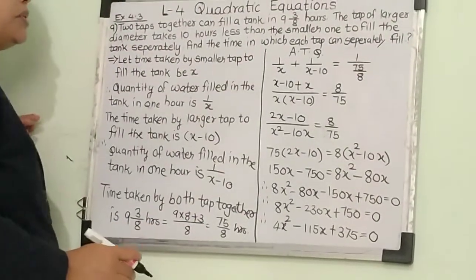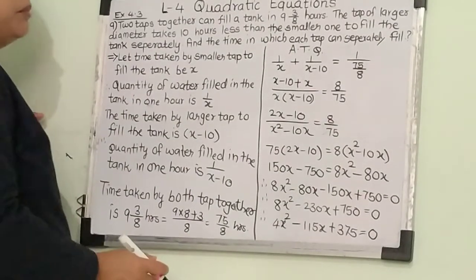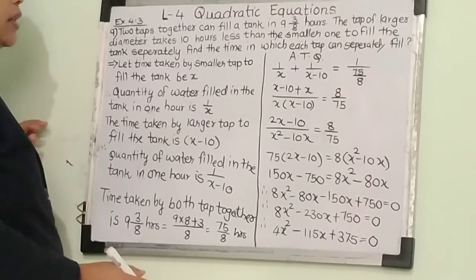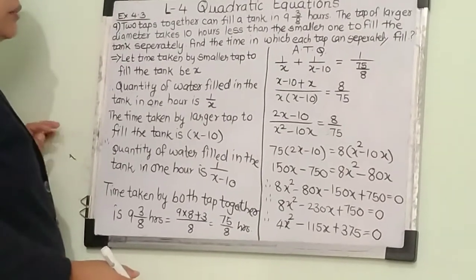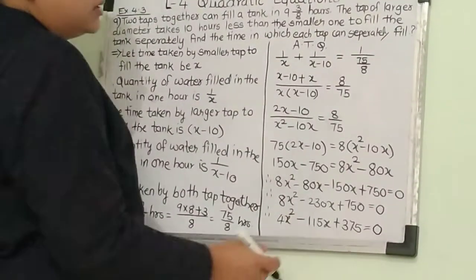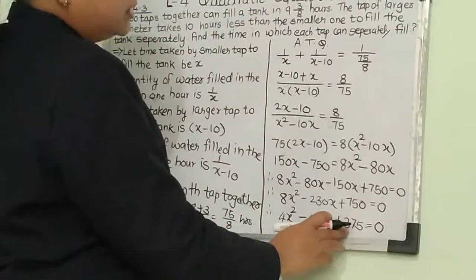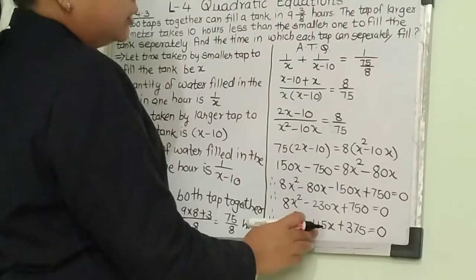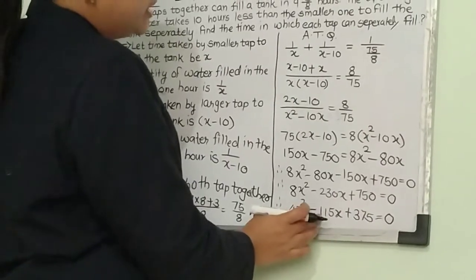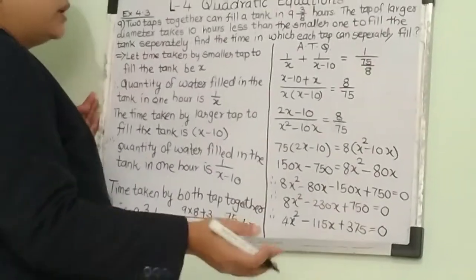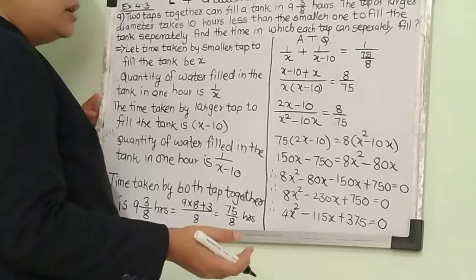Now we are going to solve this quadratic equation by using any one method. First I am going to prefer the factorization method, because for the formula method it is difficult to find out. The numbers will get larger because b square value, that is 115 square, is very large.